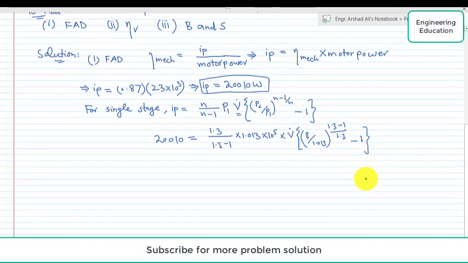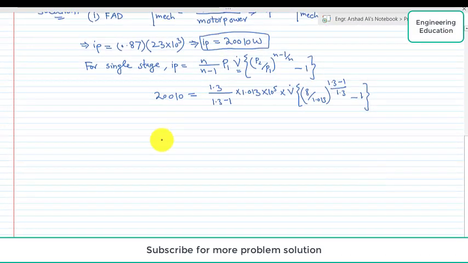Simplifying this, we get that V dot is equal to 20010 over 267165.14, which is further equal to 0.0749 cubic meter per second.